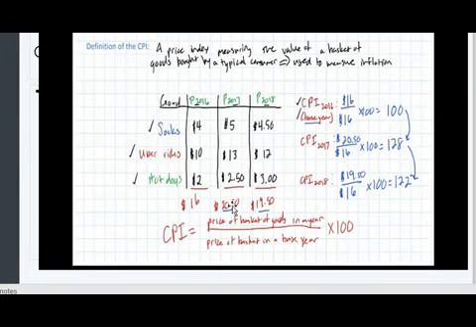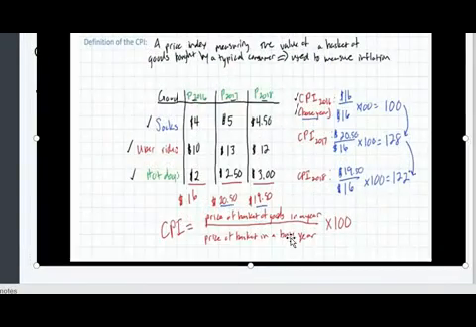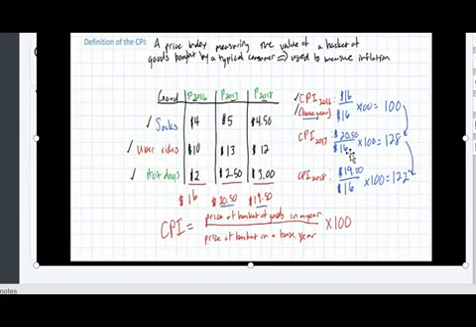For 2017, we have 2050, okay, divided by the base year, which is 16, and then multiply by 100, it will give you 128.